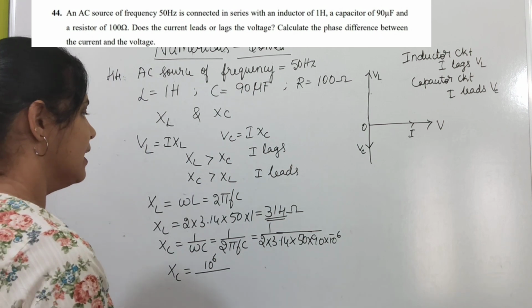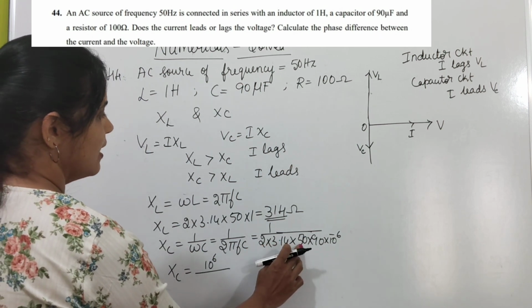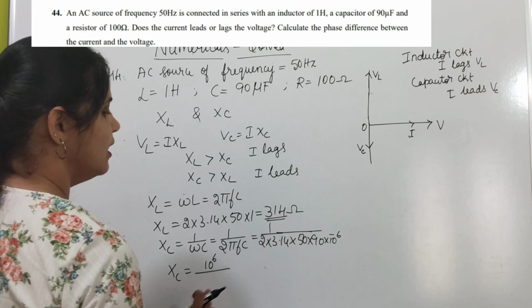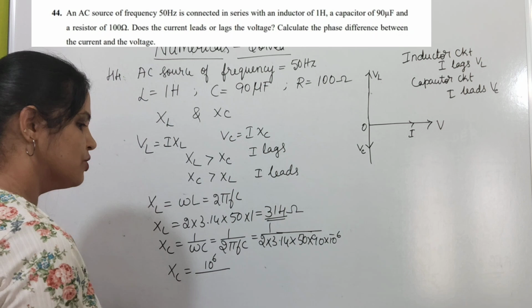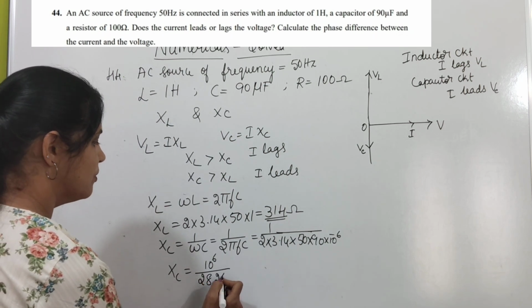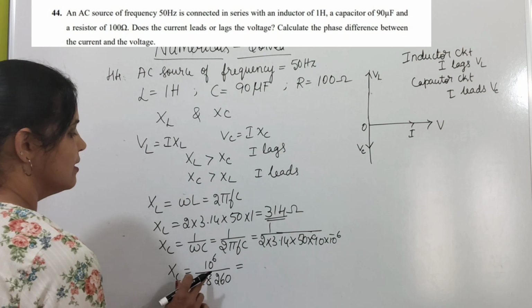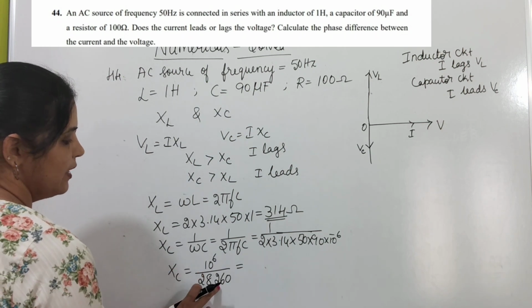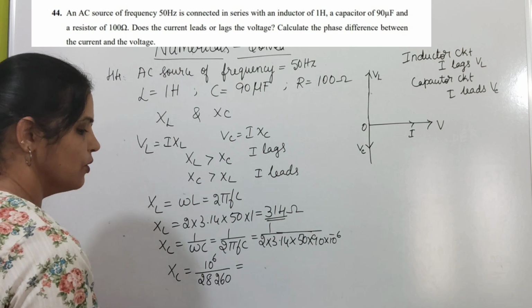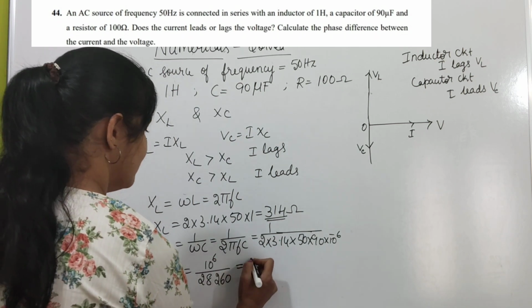And if you multiply 2 into 50 it is 100. 100 into 3.14 is 314. 314 into 90 becomes 28260. And if you divide 1 by 28260 and multiply that with 10 to the power 6, you will get 35.38.